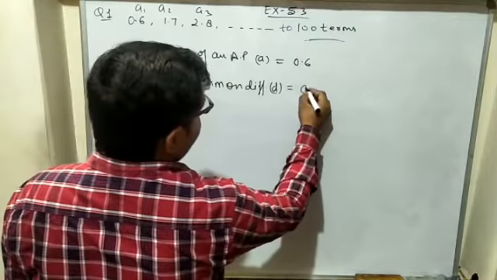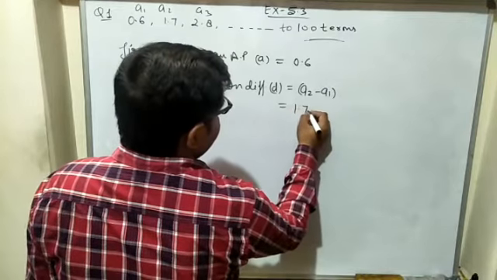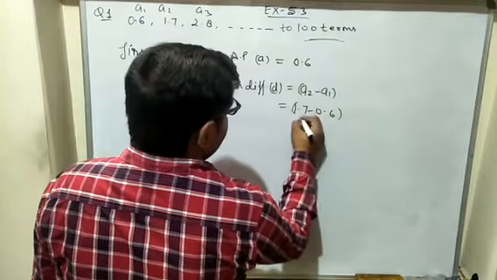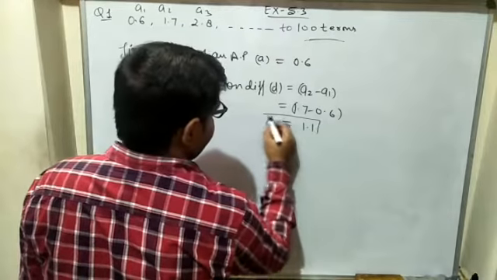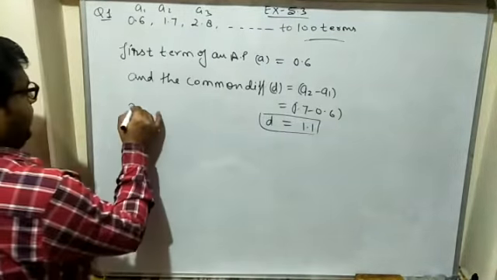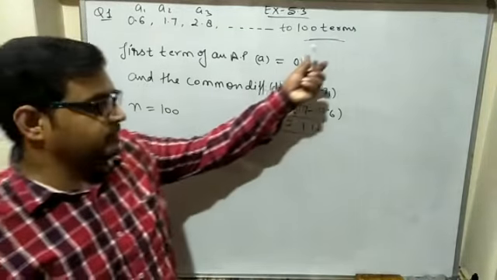You all know the common difference: we find a2 minus a1, that is 1.7 minus 0.6. What we get is 1.1, that is d. And n equal to 100. We have been given all that.